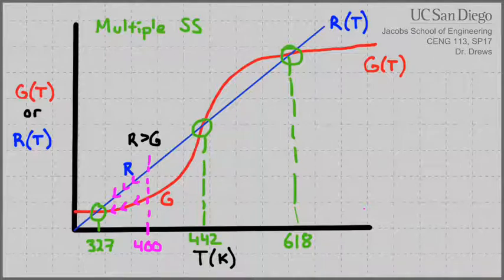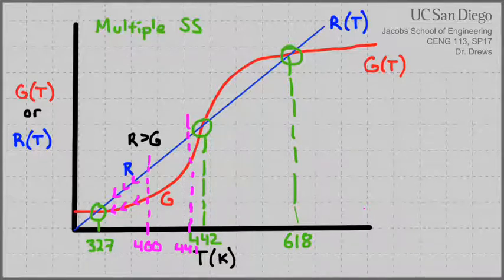So if I were to feed it anywhere all the way up to 442, let's say I fed it at 441, right next to it. Which one's bigger, R of T or G of T? It's still R, right? So even if you feed it right next to that central point, this is a steady operating state, right?